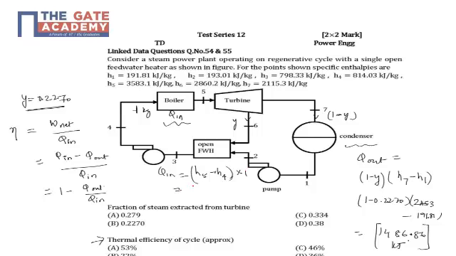So H5 minus H4: H5 is 3583.1 minus H4, which is 814.03. Using the calculator, 3583.1 minus 814.03 is 2769.07.